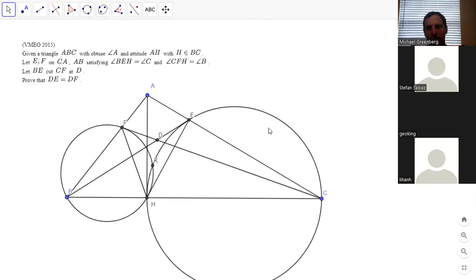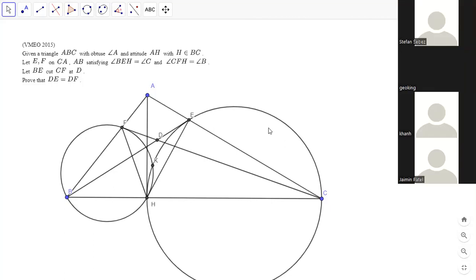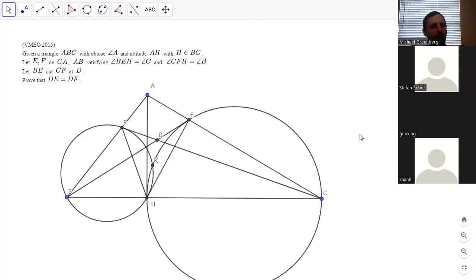All right. BE squared plus CF squared is equal to BC squared. Oh, really?